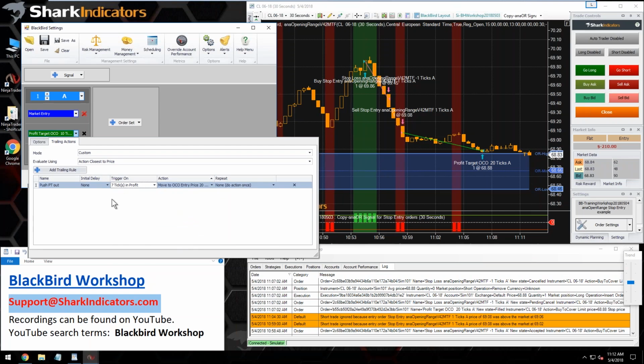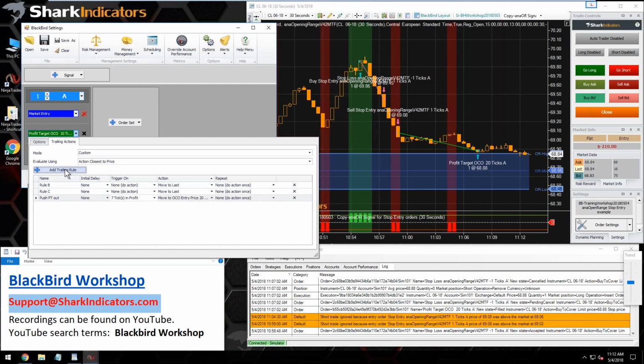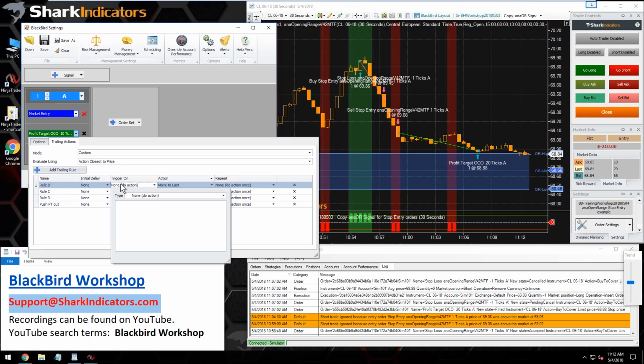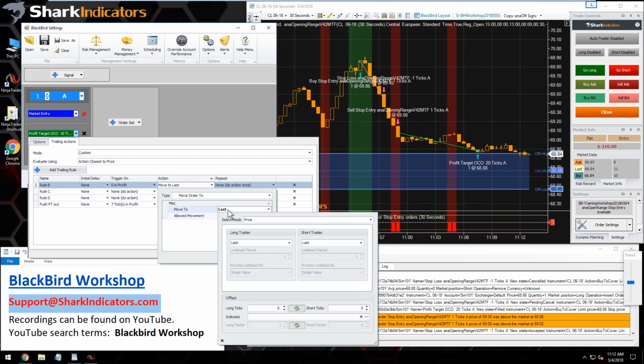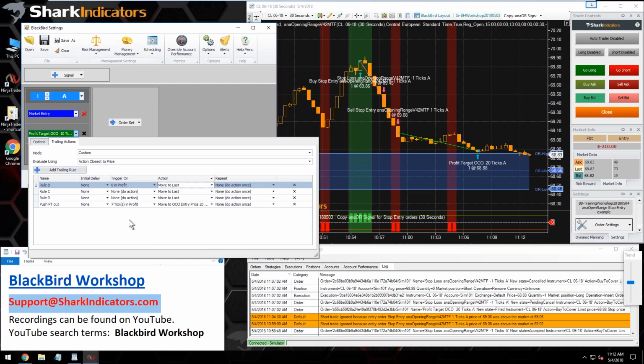If you want to keep pushing that profit target out, you'll have to keep creating a bunch of rules, and keep incrementing the profit amount, and the price that you're moving your profit target to.